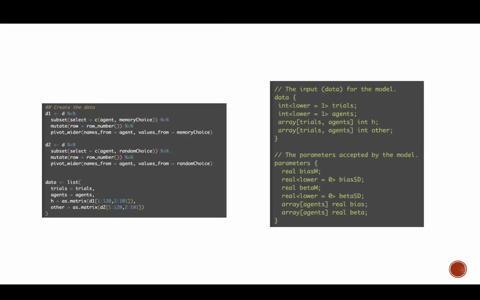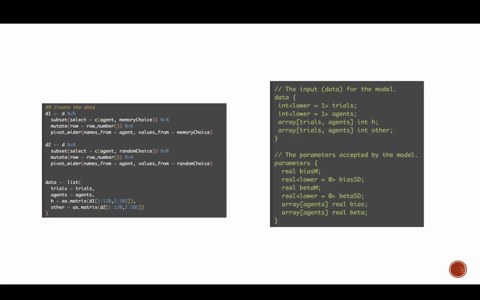So we now subset from our simulation. Instead of random choice, we subset memory choice. We select memory choice, so we get the choices of the memory agents. The rest is the same, except that now we want also to have a matrix for the choices of the other person.